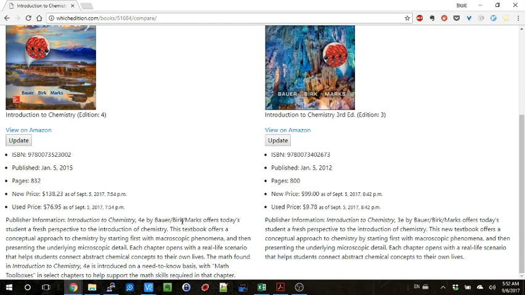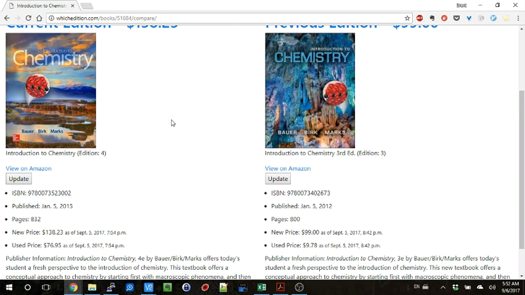And so this section down here tells you any major differences, but this publisher information is not giving us much additional information here. And so if you're going to use a previous edition textbook, there's some risks involved with that, and so you need to make a decision based on your best understanding of the course requirements. But Which Edition is going to help you with that by giving you better information so that you can make better decisions.